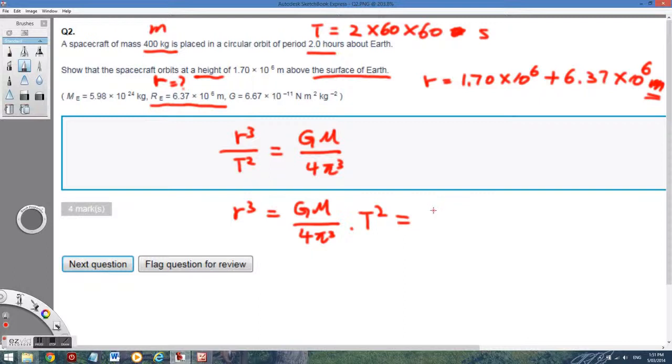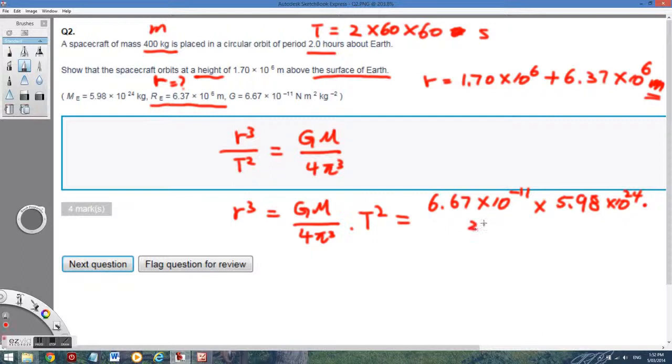Now what you need to do is put down all the values. After you put down all the values, I do it now. Times T squared.